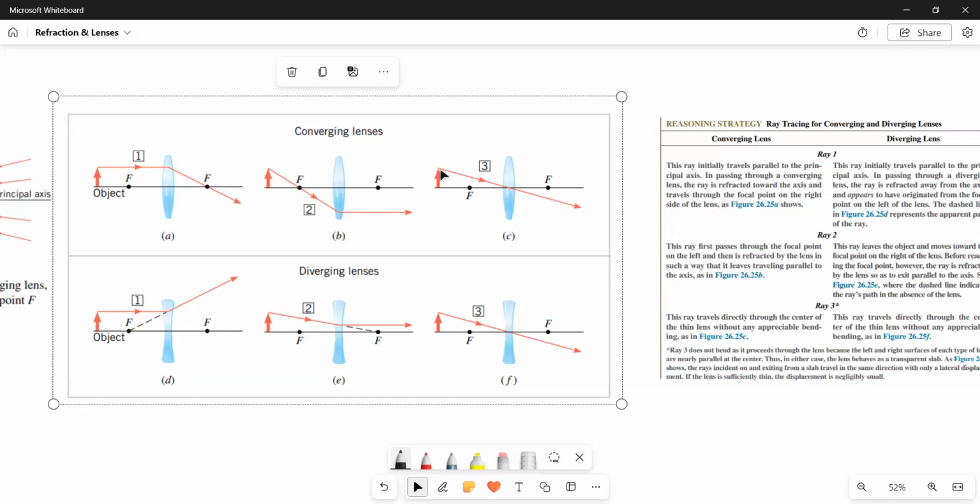And the last one you draw from here straight through the center of the lens across here. And where these three rays coincide, well, that's going to be your image.